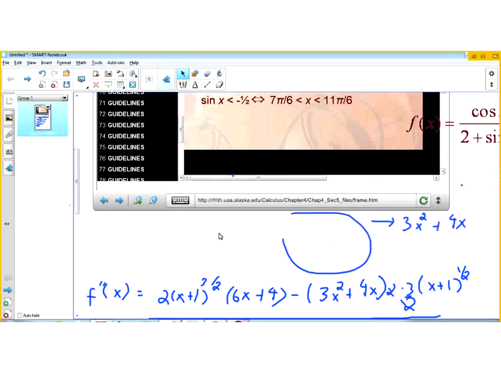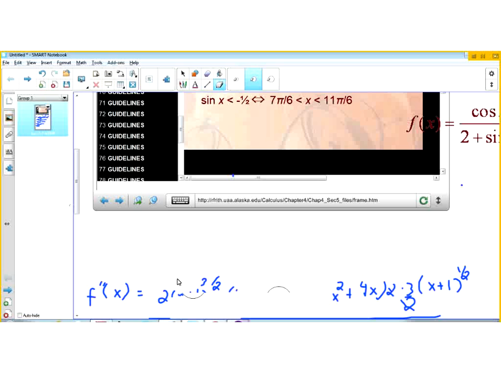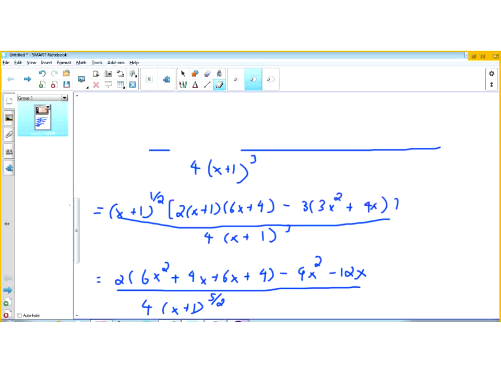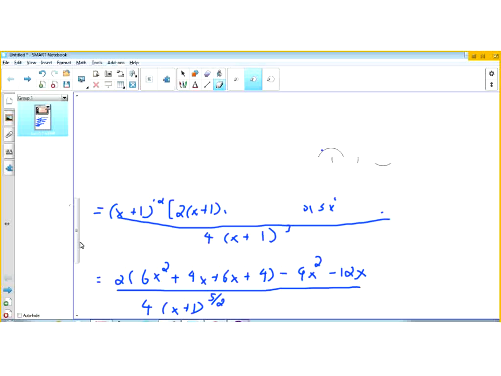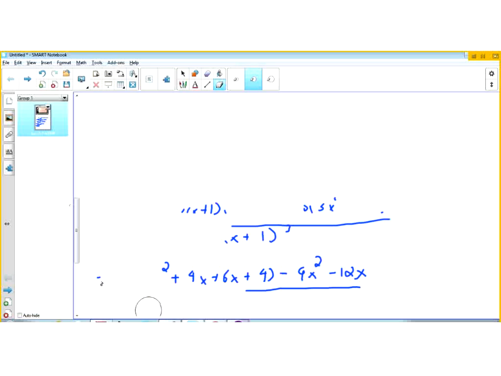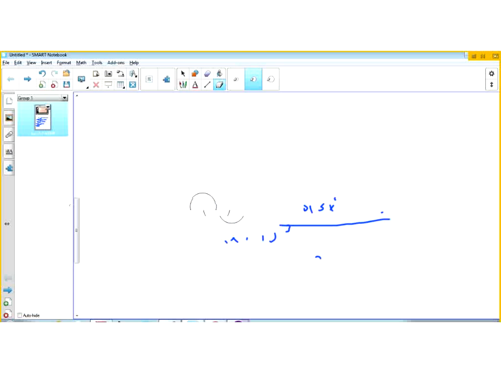So we're going to calculate the derivative and essentially run the first derivative test of the function.